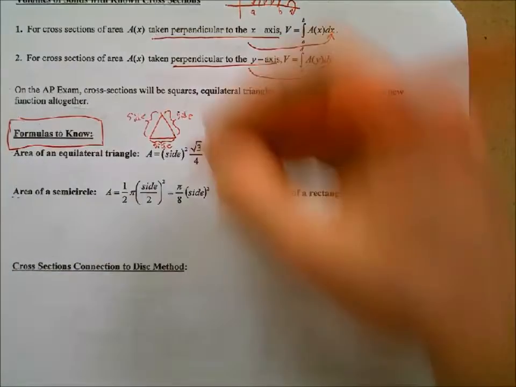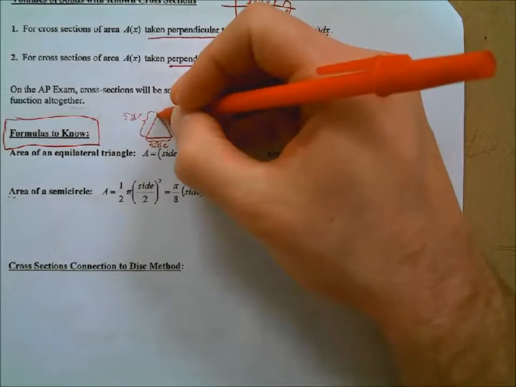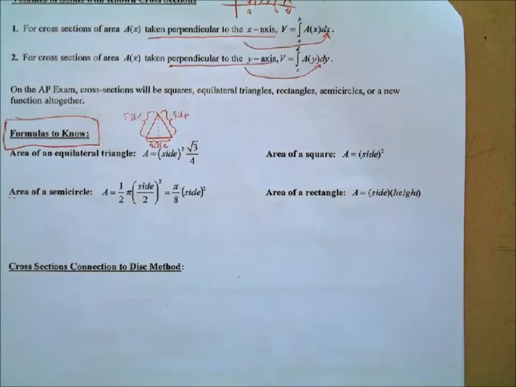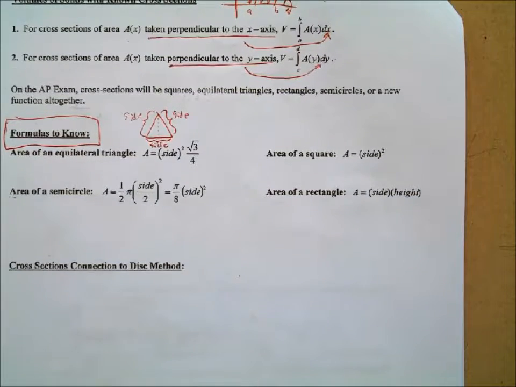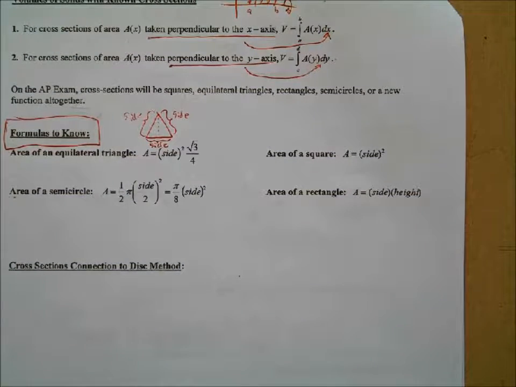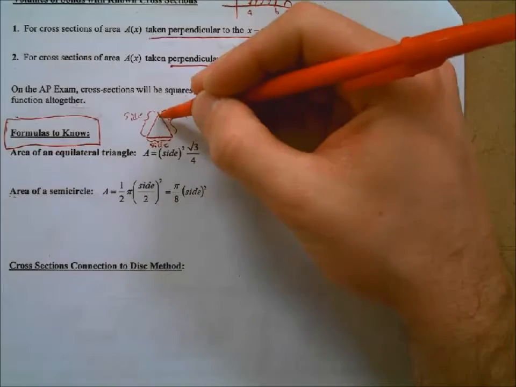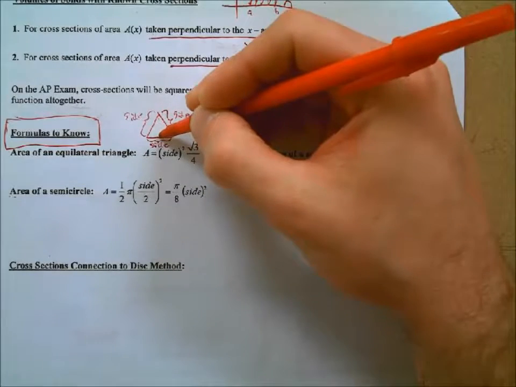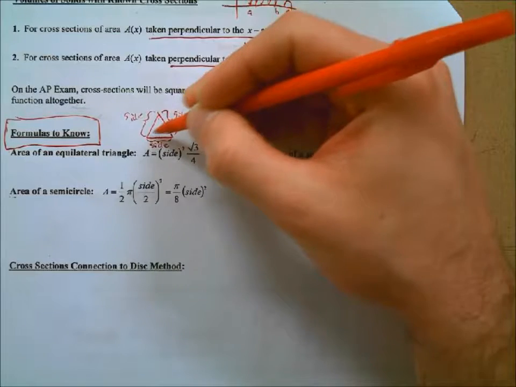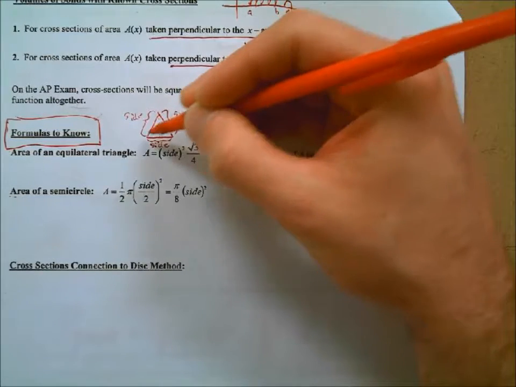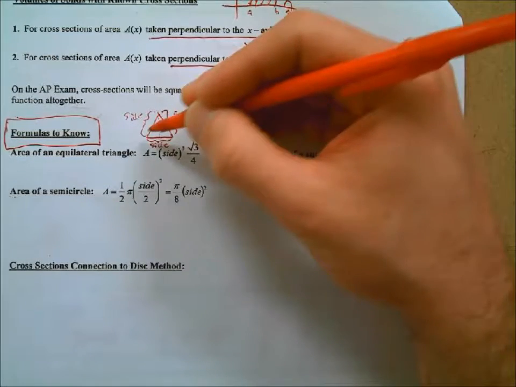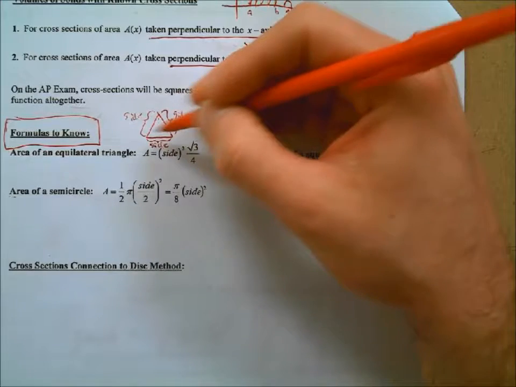We've got a base here, but the height would be this altitude right here, whose length we don't automatically get. But since this is an equilateral triangle, this altitude cuts it into two smaller triangles. What kind of special right triangles do we create there? A 30, 60, 90 right triangle.